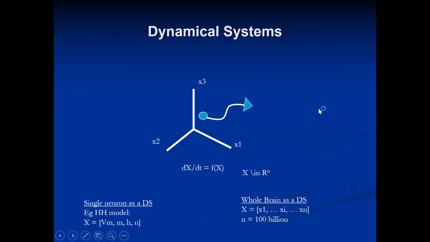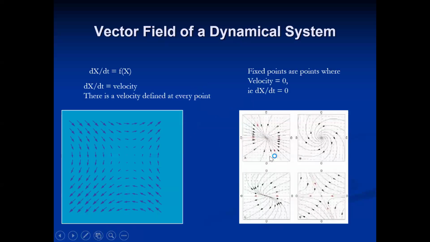So at every point in state space, this equation defines a velocity, because the left side is velocity, and the right side is a function of the state vector. So it is saying, given a point in the state space, what is the velocity? In which direction will the system move next, and to what extent? Velocity has both direction and magnitude. So at any given point, this equation tells you the direction in which the system will move from now on, and to what magnitude.